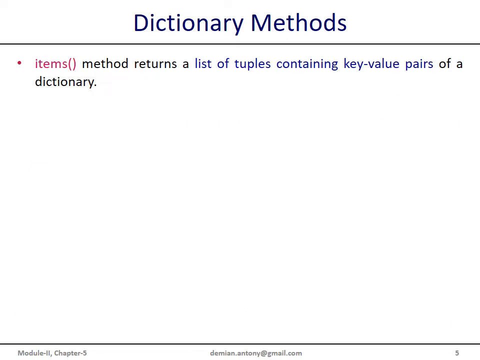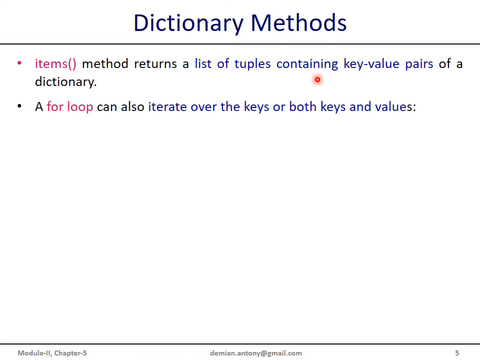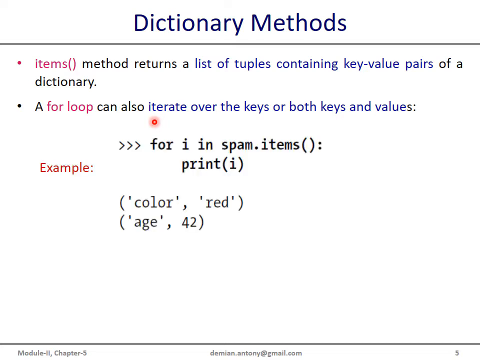The third method is the items method, which will return a list of tuples containing the key value pairs of a dictionary. We can use a for loop to access each of the key value pairs returned from the items method. Let us take up the example.